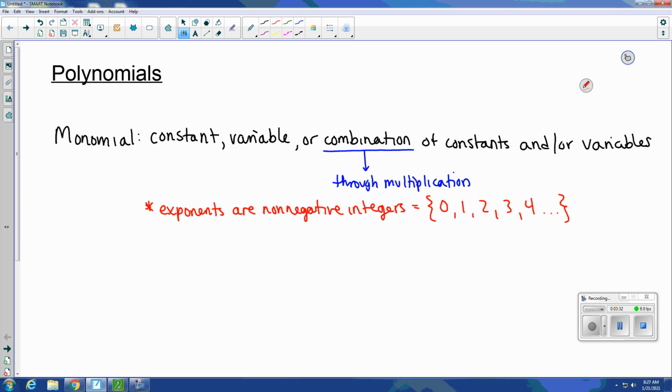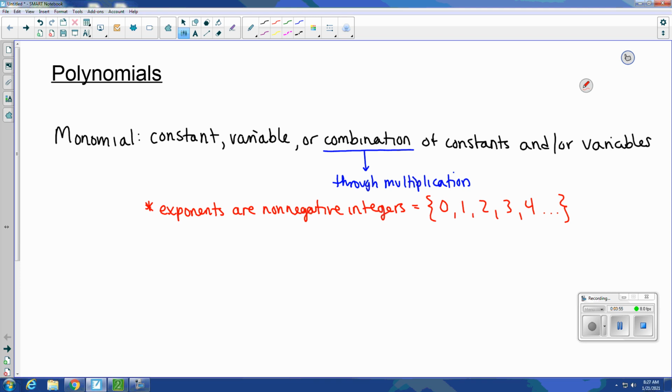So as long as our exponents are of the values that I have in these braces, then we have a monomial term. If we see fraction exponents, if we see negative exponents, that's going to imply that we're working with some other type of function. Okay, so it's important that we identify the exponents are non-negative integers when we're looking at monomials.